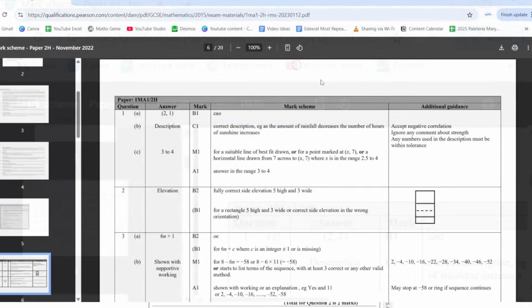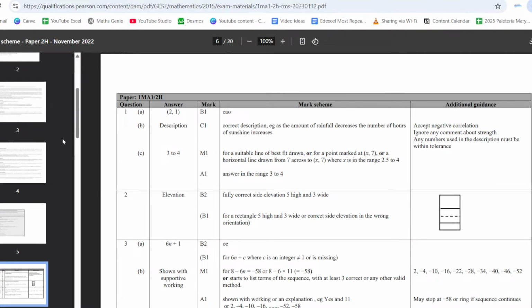Here we are. You can see they've drawn a little diagram here as an example. Can you see that there? So obviously they've said fully correct side elevation 5 high, 3 wide. Their example is that if you did draw the lines as well, then that's fine. Yeah, so you can draw these lines. I don't think it really specifies that they're that fussy about the lines. So if you didn't, it sounds like you'd be okay.